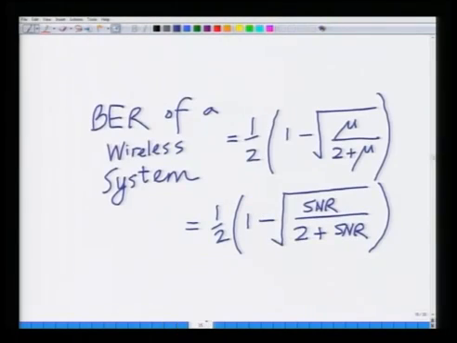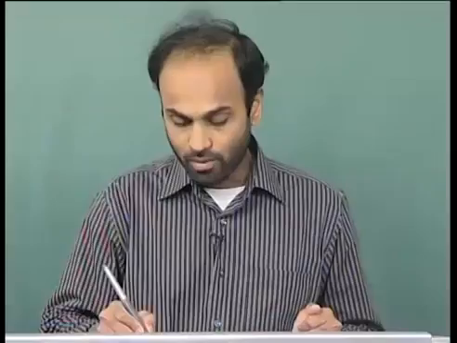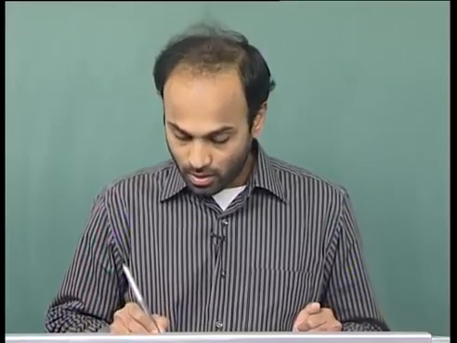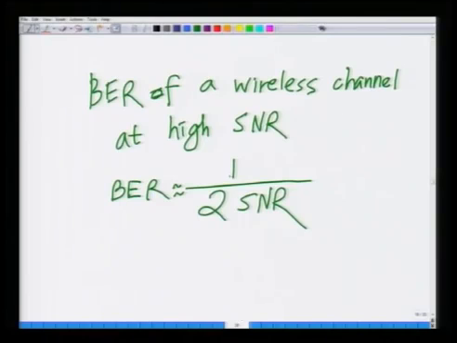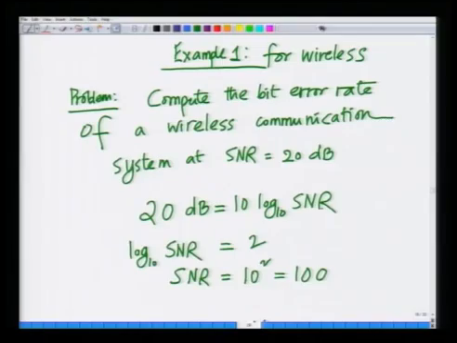Finally, we derived the bit error rate expression of a wireless system as shown in this slide, which is half times 1 minus square root of SNR over 2 plus SNR. We also said that this can be approximated as 1 over twice SNR, that is, the bit error rate of a wireless system is approximately 1 over 2 SNR. This is what we derived in the last lecture.